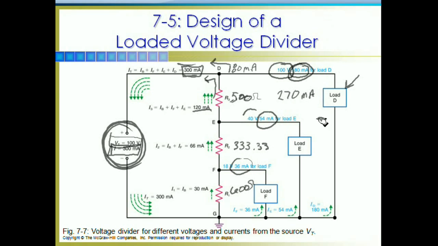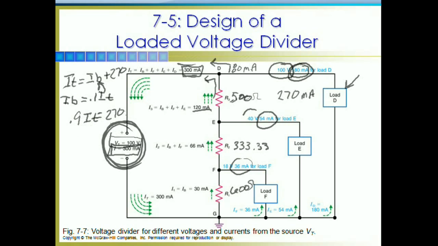To figure my total current then, it is going to equal my bleeder current plus 270. Well, I know my bleeder is going to equal 0.1 total current, so I just stick that back in there and I end up with 0.9 ET equals 270.